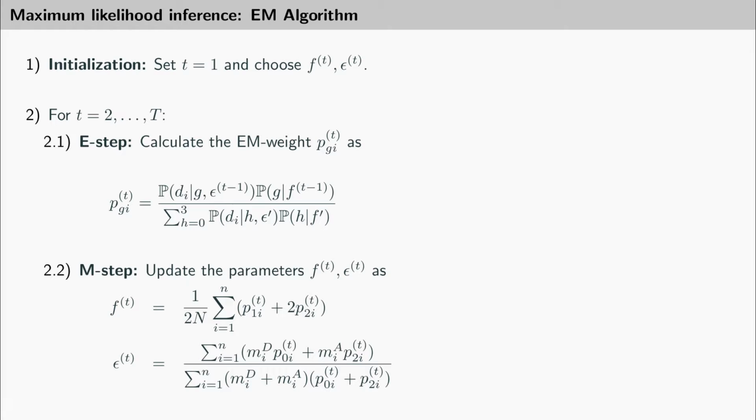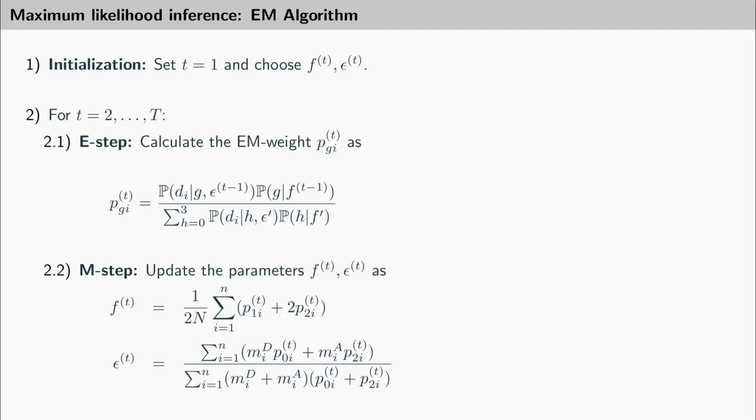These initial estimates are then iteratively improved through both the E step and the M step. In the E step, we're going to use the current estimates of f and ε in order to calculate the EM weights. In the M step, we're going to then use the equations we obtained before to update the parameters f and ε using those weights. We're going to repeat the E and the M step iteratively until convergence is obtained.